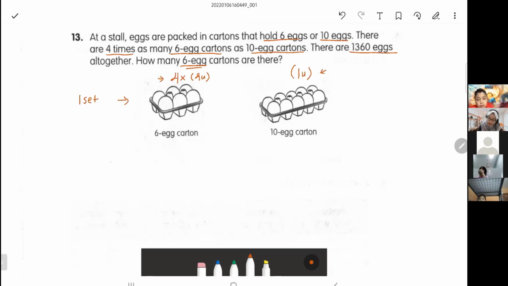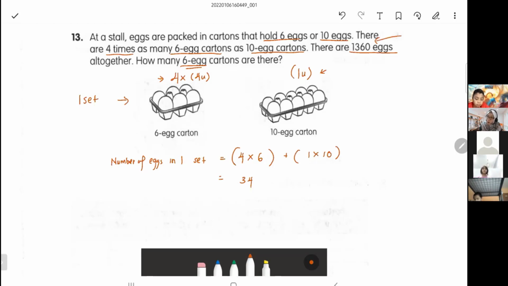So let's find the number of eggs in one set. You have 4 times of the 6 egg carton plus 1 time of the 10 egg carton, right? I have 34. I have a total of 1360 eggs.